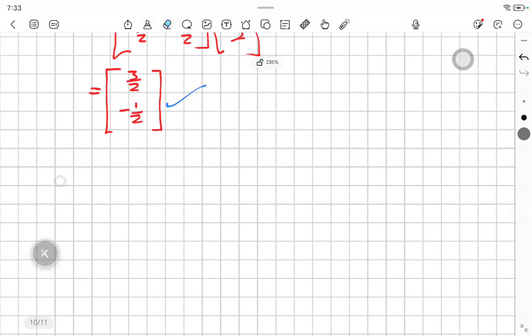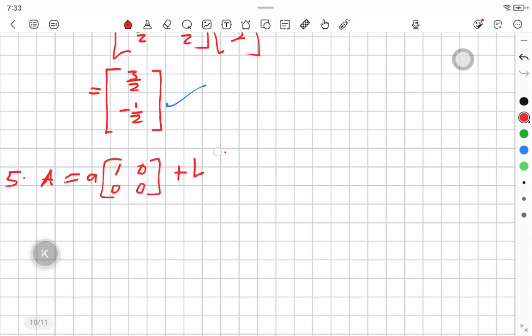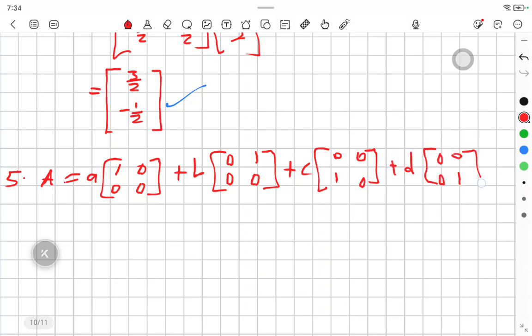So we're going to have A is equal to, this is number 5, right? A 1 0 0 0, B, C, and then D. All right. Then here we're going to have our A was 1201.